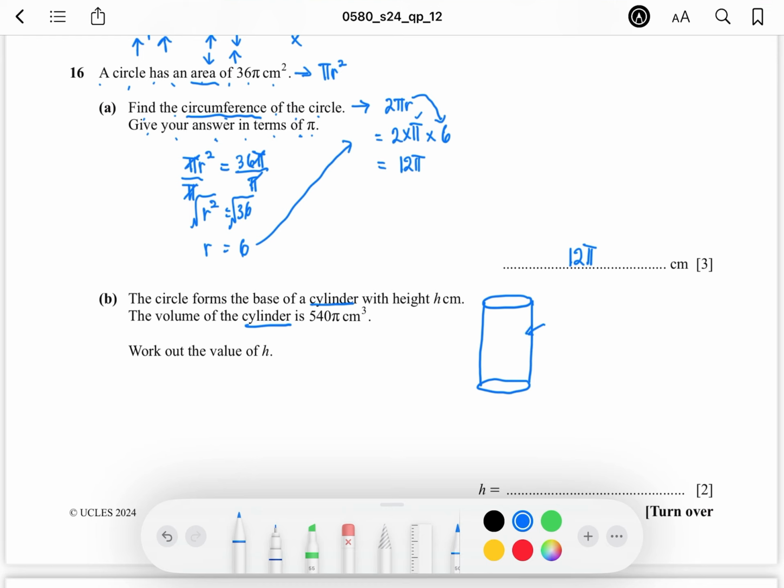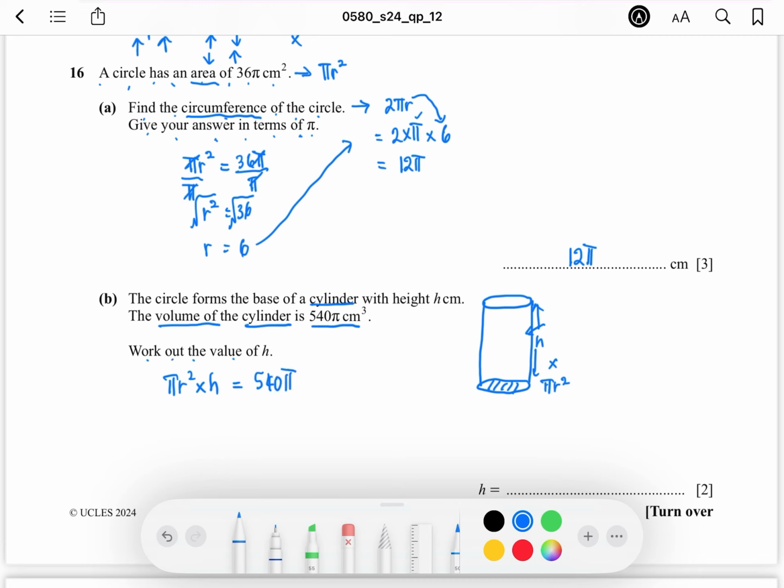Volume is area of the base, which is pi r square, times the height. Okay, so volume is pi r square times the height, and it is 540 pi.